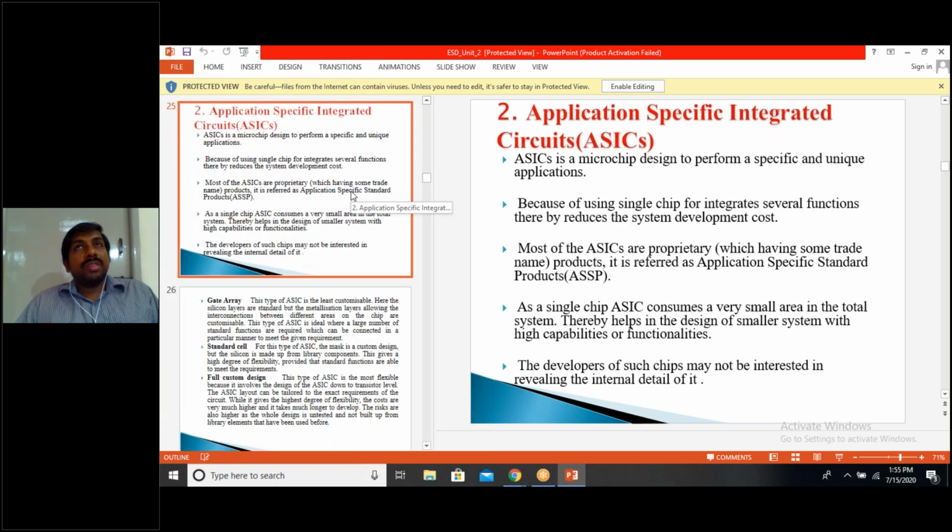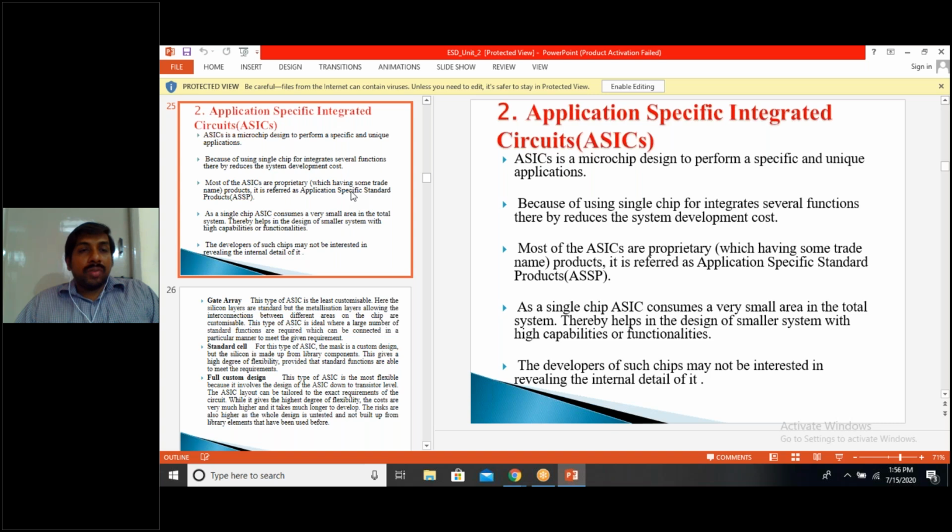So the first one is the general purpose processor as a system core of your embedded system. And the second one is application specific. As I told, application specific is an application specific integrated circuit designed by a vendor. This ASIC is a microchip designed to perform a specific and unique application.